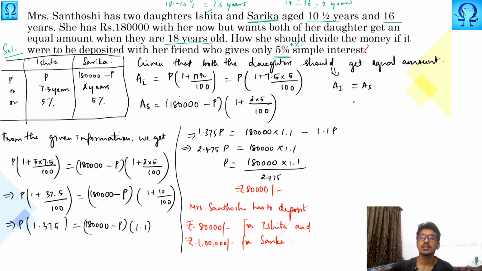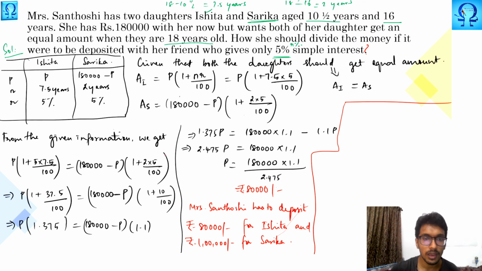It is not asked what is the total amount that she would get when they are 18 years old. If it is asked, then we may of course substitute these values. If you substitute 80,000, you will have to substitute in AI. If you substitute this 1 lakh, you will have to substitute in AS. If it is additionally asked, let me substitute in AS.